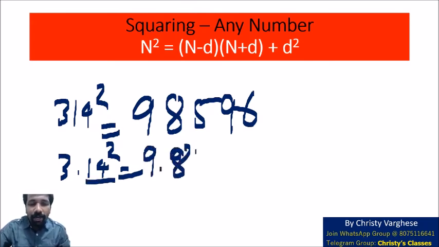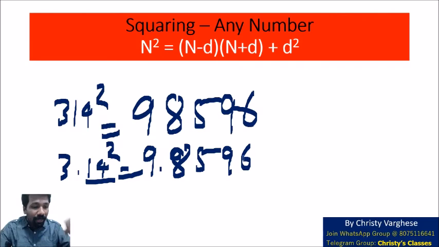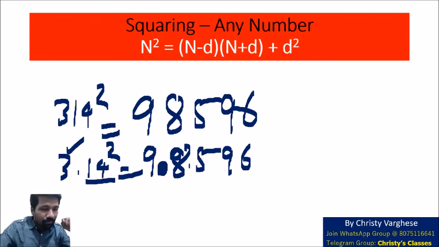That is a good idea, but in some questions that also can confuse you, especially when the powers of 10 are higher. So the easy thing to do here is to think of an estimate. 3.14 square means it is a little more than 3 square. Now 3 square is 9. So 3.14 square will be 9 point something. So the decimal place should definitely be between this 9 and 8, not after 98, because 3 square is in the range of 9.